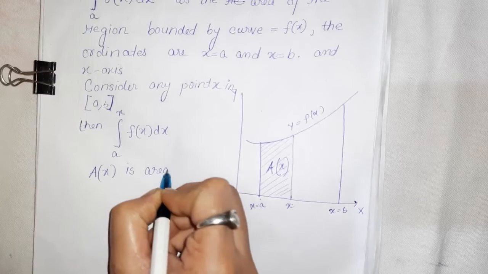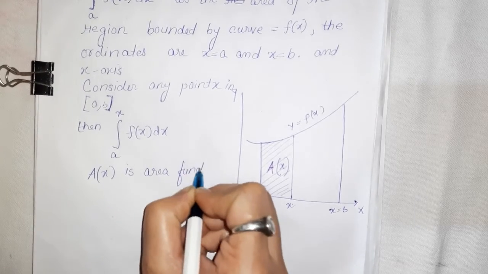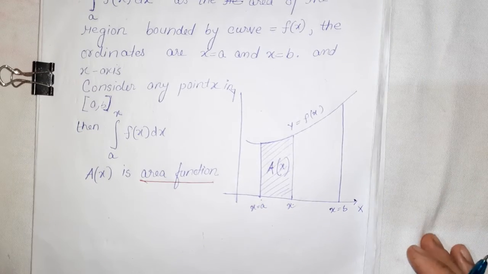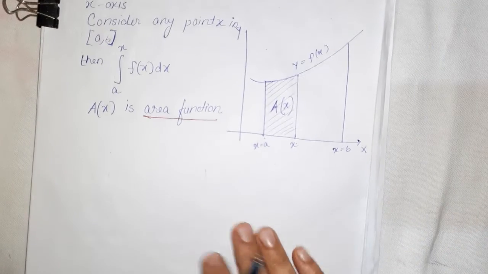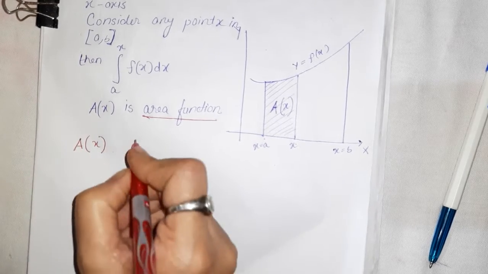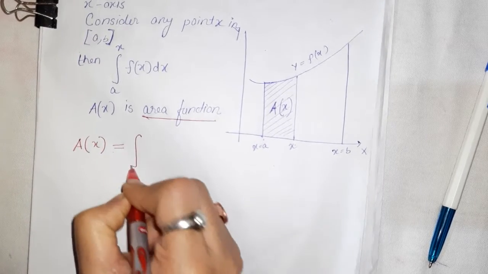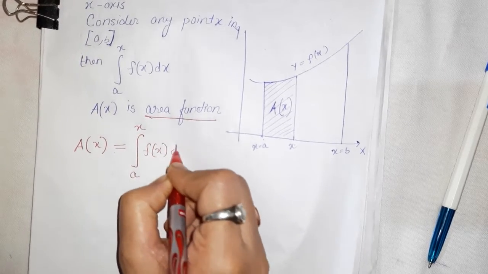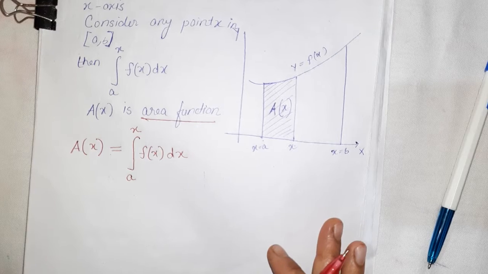A of x is called the area function, okay, and it can be written as A of x equals the integration from a to x of f of x dx. This is the area function.